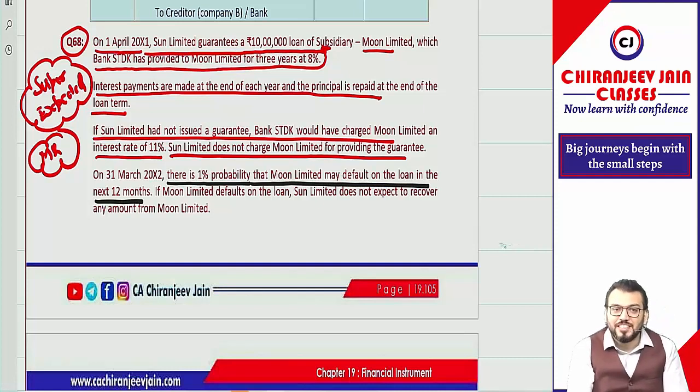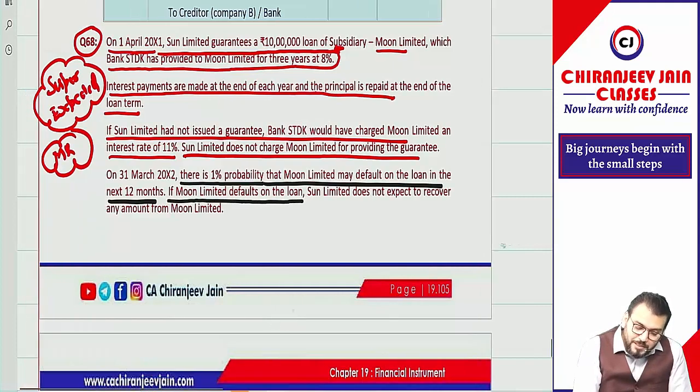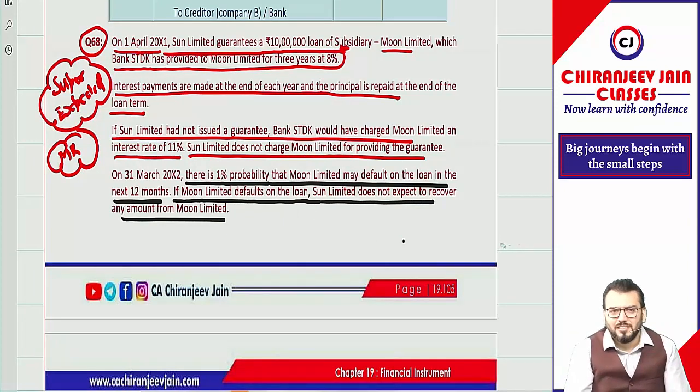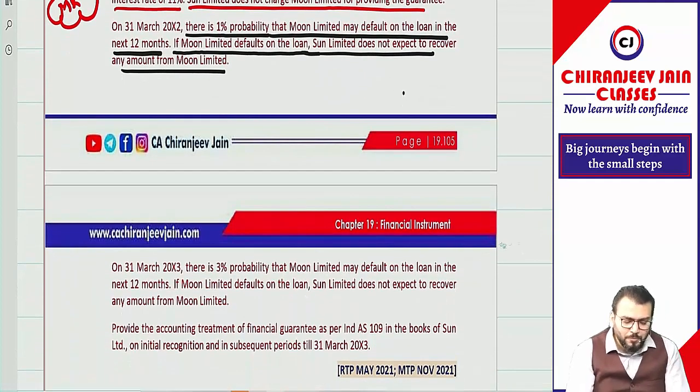If Moon Limited defaults on the loan, Sun Limited does not expect to recover any amount from Moon Limited. Of course, if Sun Limited could recover, then why the guarantee? So they are not expecting to recover any amount, however they may recover also.